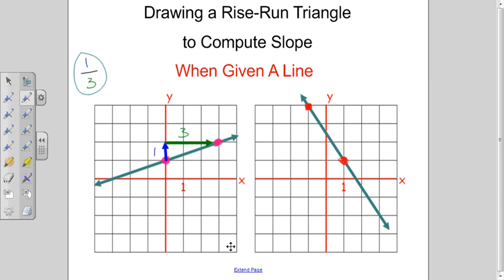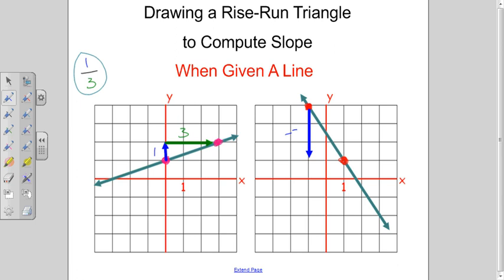Okay, so which point do I start at? Again, the one furthest to the left, which is this one. So I will do, in this case, a negative rise. So -1, -2, -3.